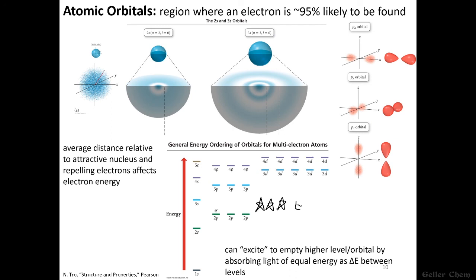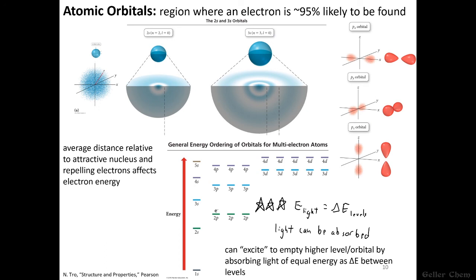If the energy of light is equal to the delta E between levels, or orbitals, then light can be absorbed. And we'll see as we go through this unit that this relationship here is the key to everything in spectroscopy.